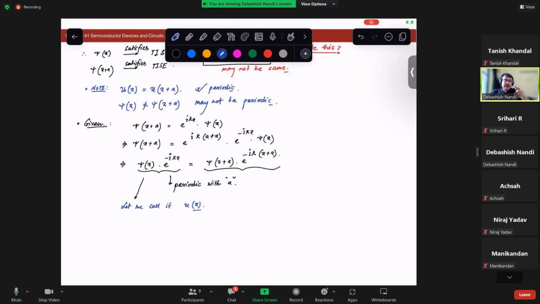Because I know I have a potential function which is periodic as x plus a. Let me call this entire thing which is periodic, not psi but psi of x into e to the power minus ikx. That term is periodic. That shows me a potential profile. So what do I have? I have this.